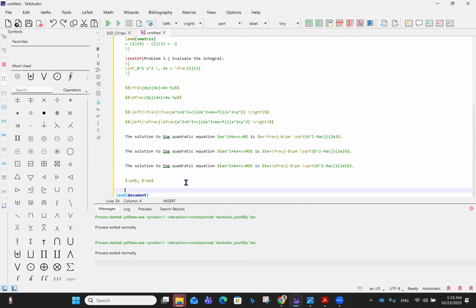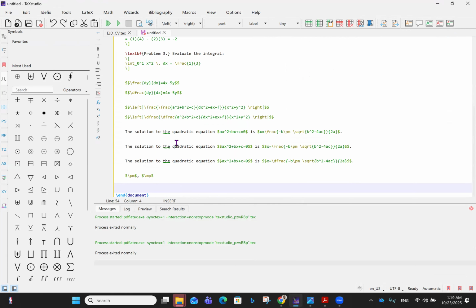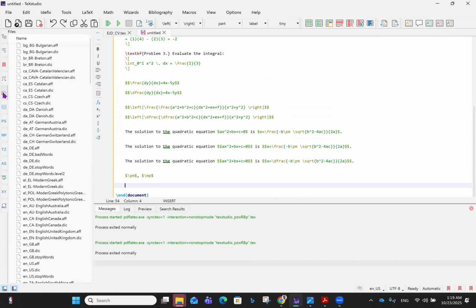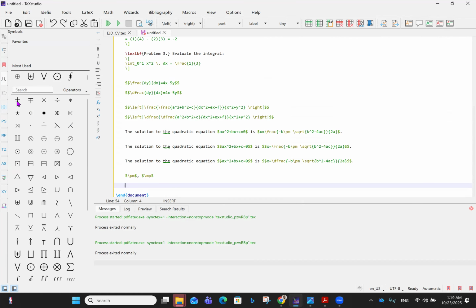Okay, that's a LaTeX typesetting folder. But the beautiful thing about this one is that you can already see some of the symbols here attached to this. So you see the plus or minus thing. Then you also see the minus or plus one, plus minus, minus plus.